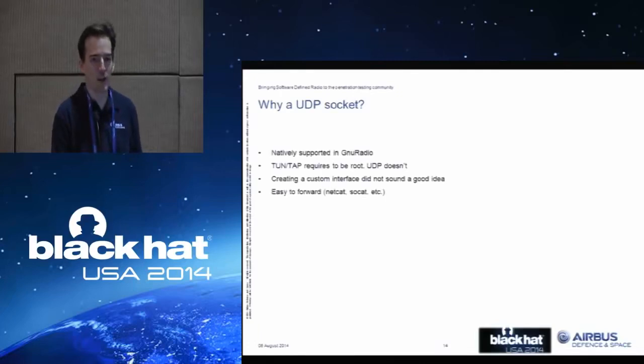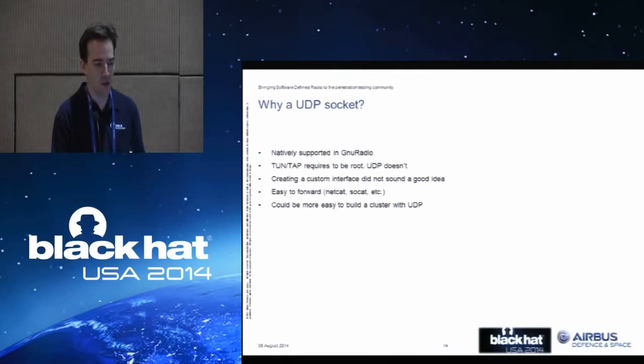If you think of that, you can have a computer running an SDR, and you can forward with netcat, socat, or whatever you want, just routing UDP packets to another instance of Scapy that will process the samples. That led us to our latest functionality that is not implemented yet.